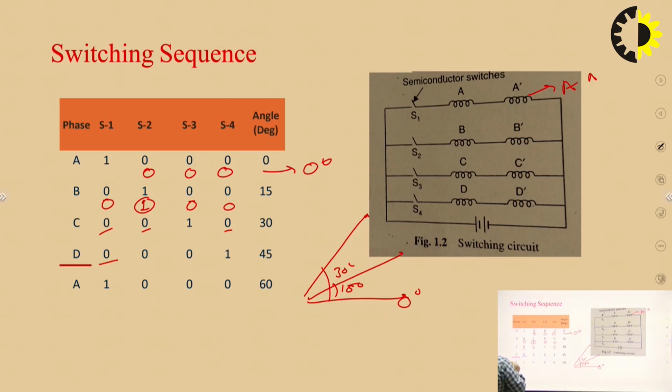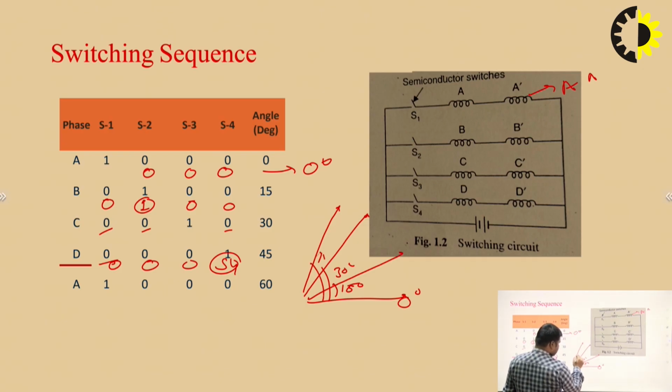When phase D is energized, D and D dash are excited. Switch 1, switch 2, and switch 3 are 0, and S4 is closed. So the angle increases by another 15 degrees from the previous one, a total of 45 degrees from the initial state.